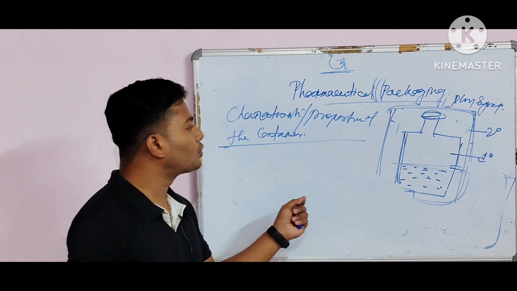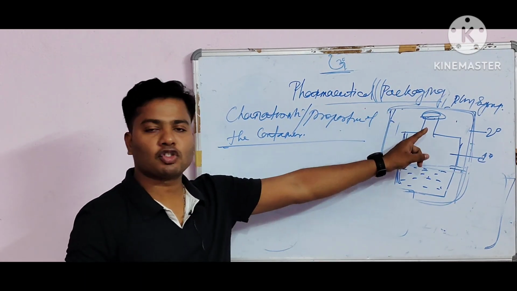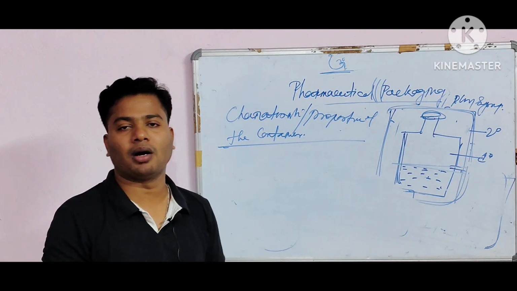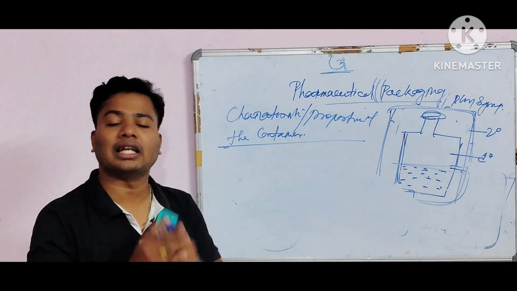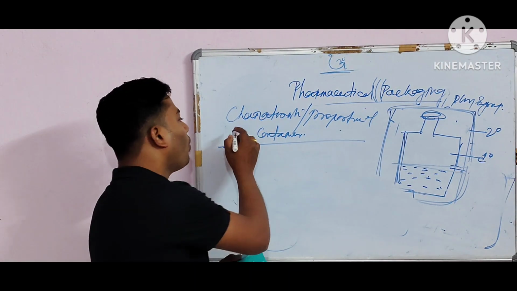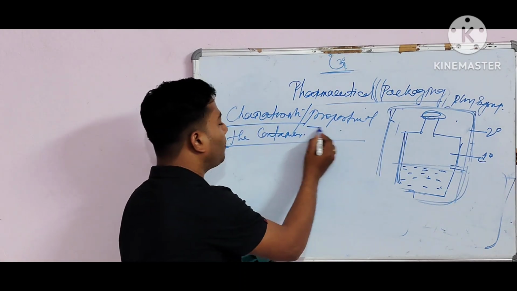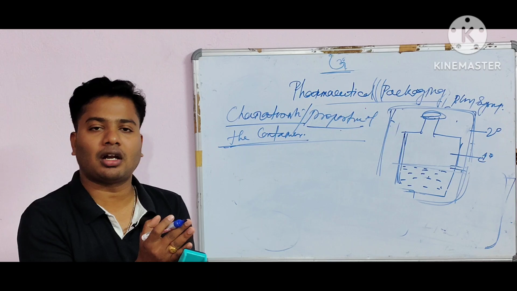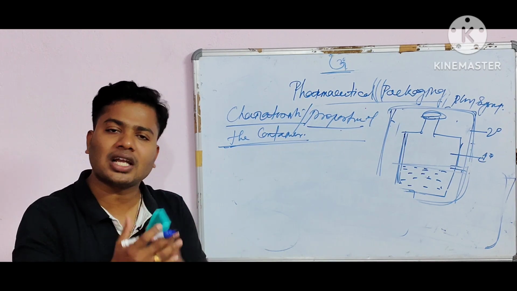To package the pharmaceutical product of liquid dosage form, we have to take some container. So what are the characteristics or properties of the container? What are the advantages of this container? Many types of containers are there.